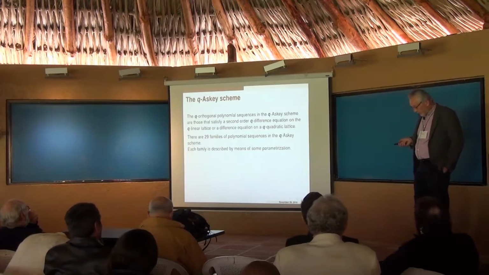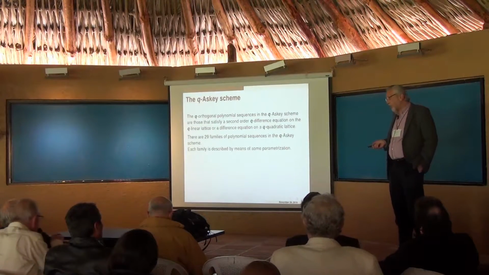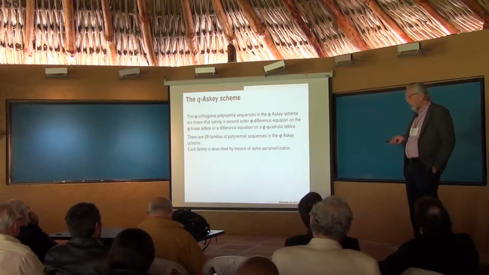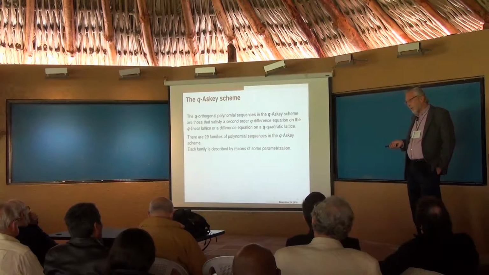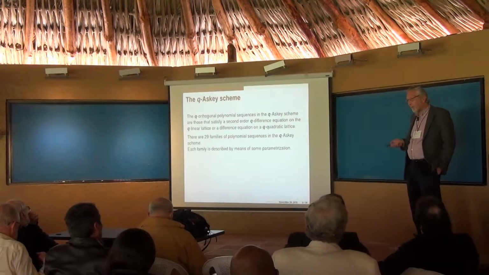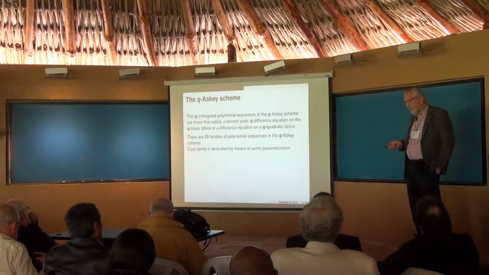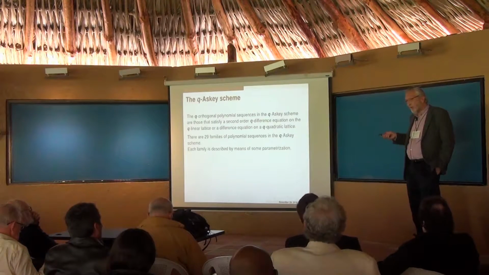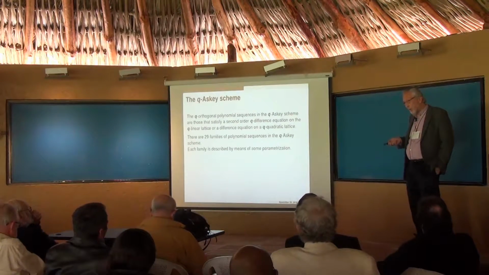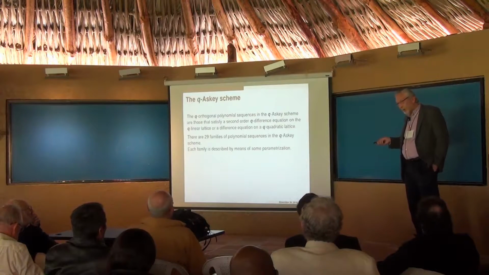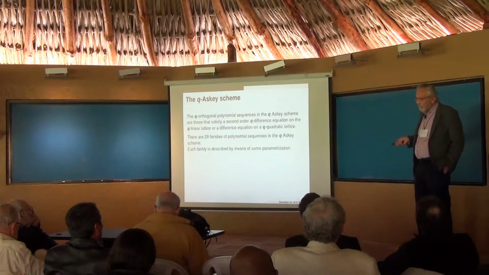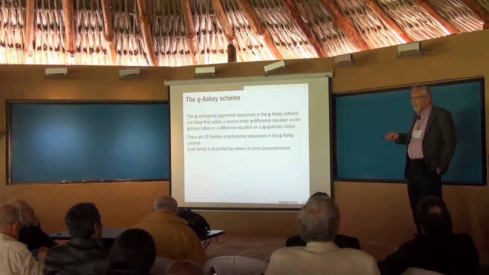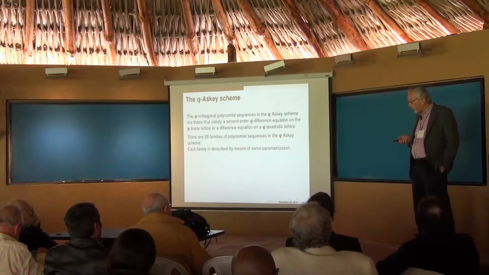And the idea is that each family is described by means of some parametrization. The problem is that different families have different parameters, and it's not easy to go from one family to another one. Usually you have to make some substitutions of parameters and then take some limits as some of the parameters go to 0 or to infinity or to something else.